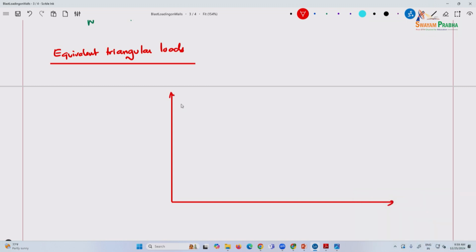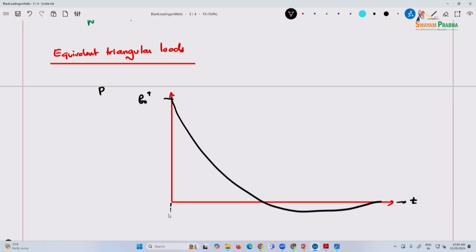The Friedlander equation, if you see, the curve would look something like this. Let's say this is PSO and this is the time. We also have PSO plus, and here we have PSO minus. The equivalent triangle, if you see, we are breaking this into equivalent triangular loads.